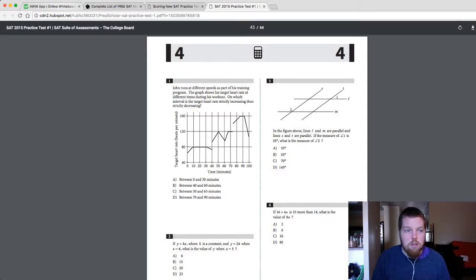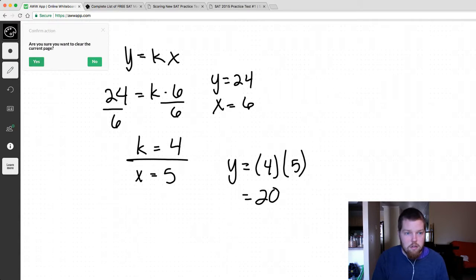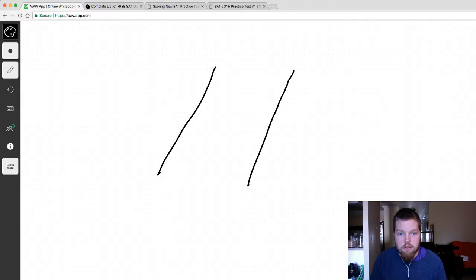We can draw this out real quick here. I'm going to do my best to draw some parallel lines, 2 diagonal lines, and then 2 lines straight across.